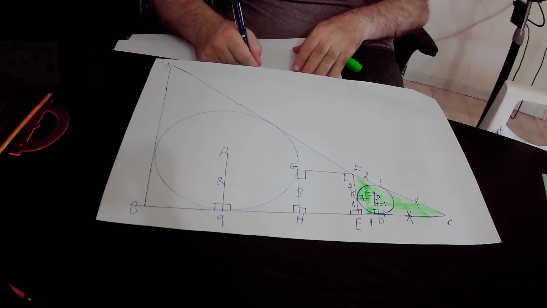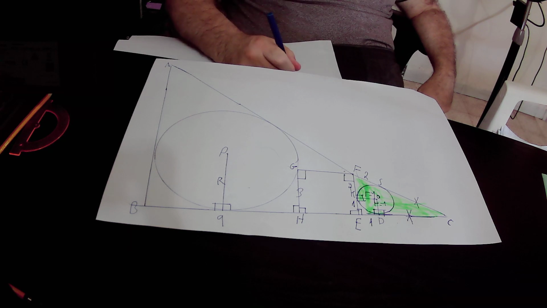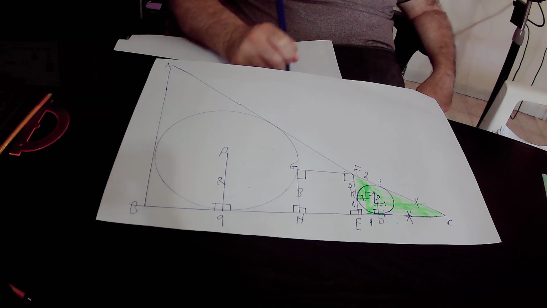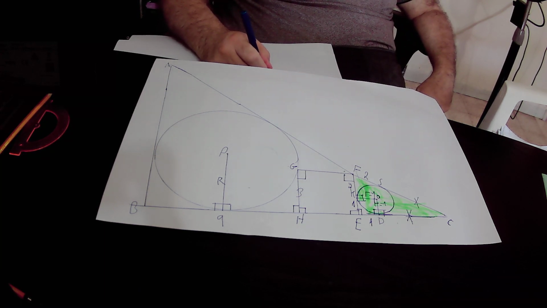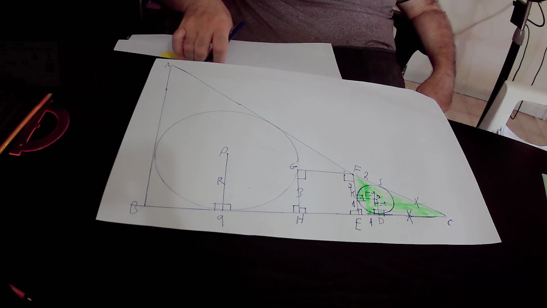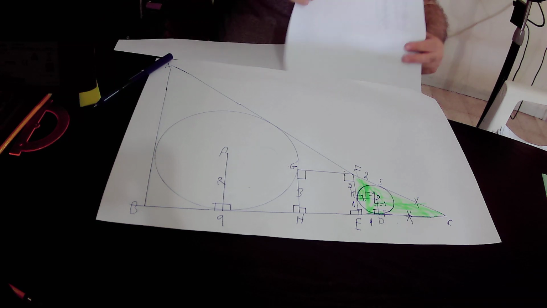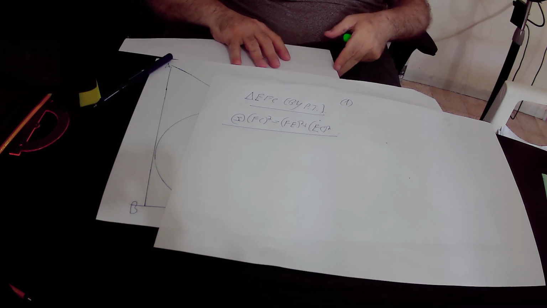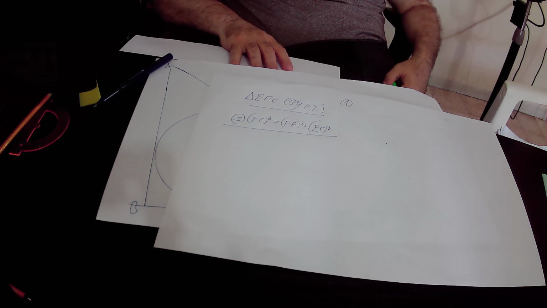That is to say, it must be equal to FE squared plus EC squared. I'll repeat again. In the right green triangle, triangle EFC, according to the Pythagoras theorem, FC squared equals FE squared plus EC squared.